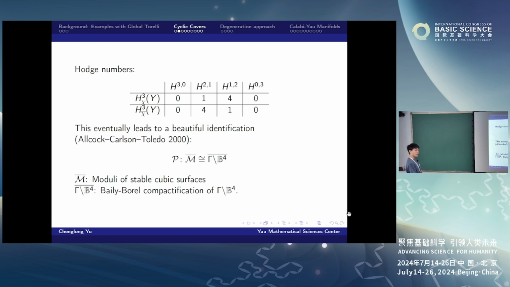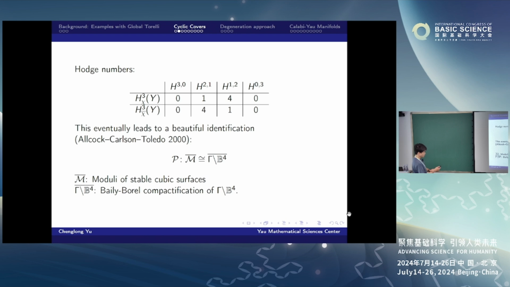For a cubic threefold, the middle dimensional cohomology is 10-dimensional, and the Hodge numbers are 0, 5, 5, 0. And if we use this cyclic group, considering cubic threefolds with this special symmetry, then the decomposition of the Hodge numbers will be 0, 1, 4, 0 and 0, 4, 1, 0.